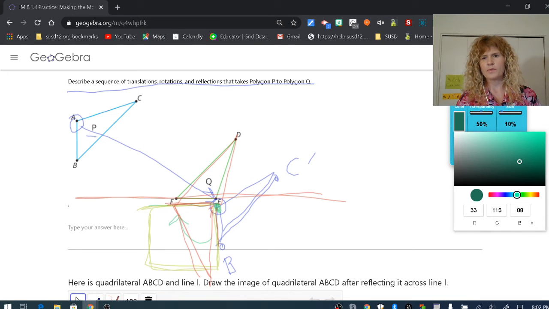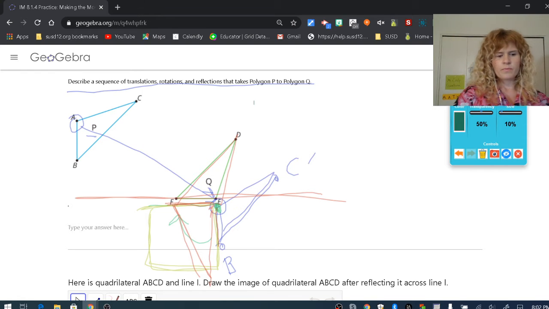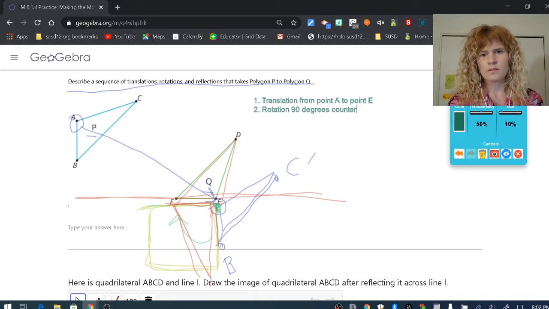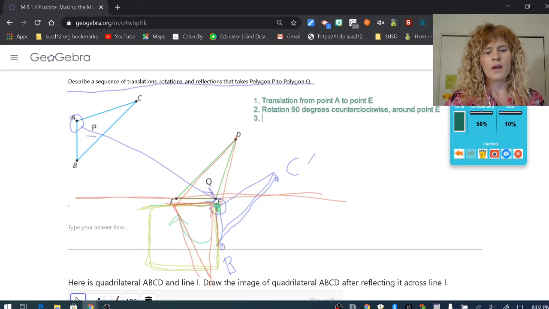Let me type out these moves for you. See if you can picture it in your head. First, translation from point A to point E. Second, a rotation, 90 degrees counterclockwise, around point E. And last, third, a reflection across line FE.